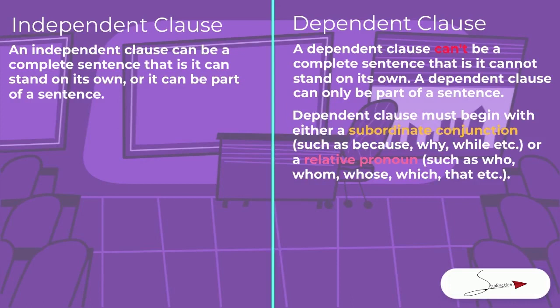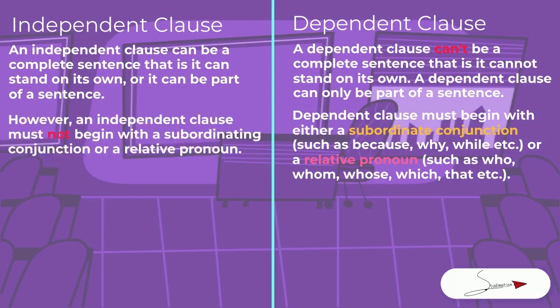Dependent clauses must begin with either a subordinate conjunction, such as because, why, while, etc., or a relative pronoun, such as who, whom, whose, which, that, etc. However, an independent clause must not begin with a subordinating conjunction or a relative pronoun.